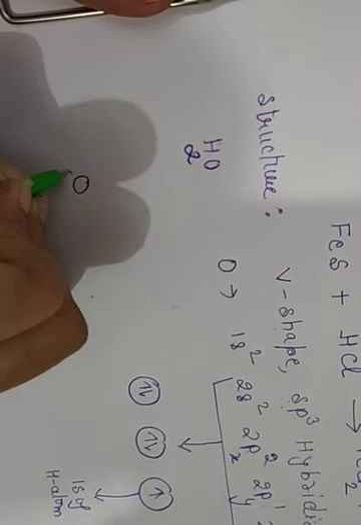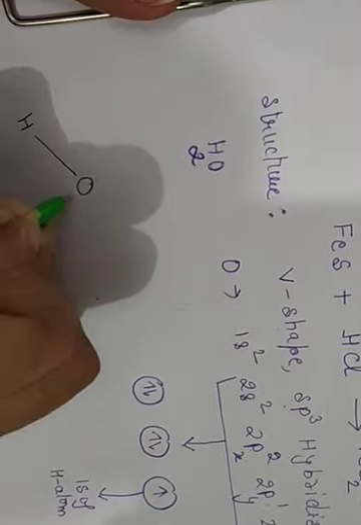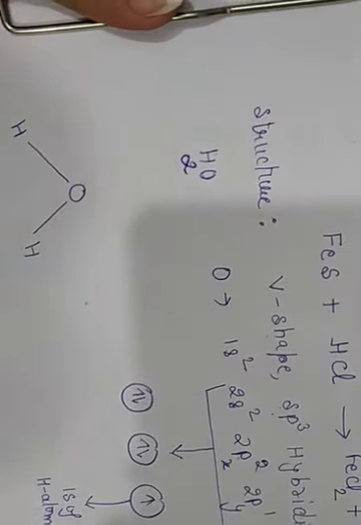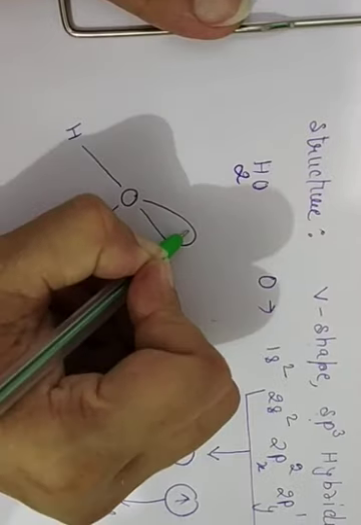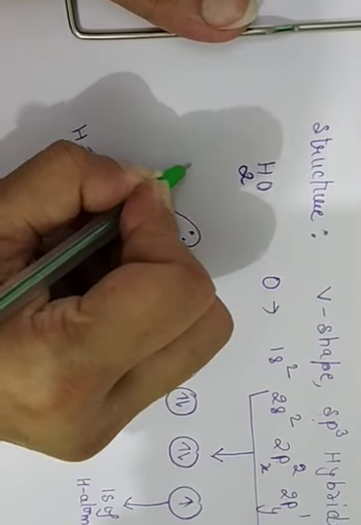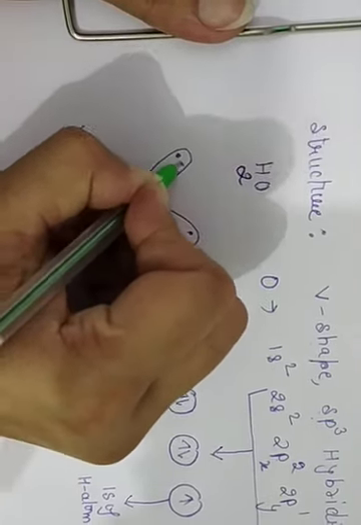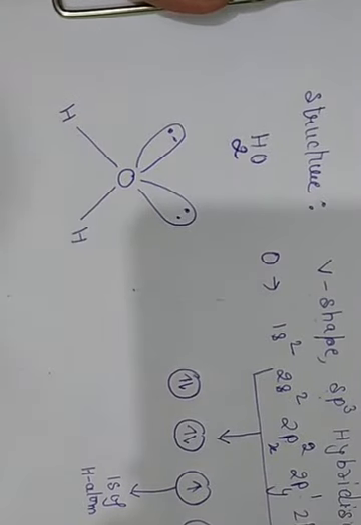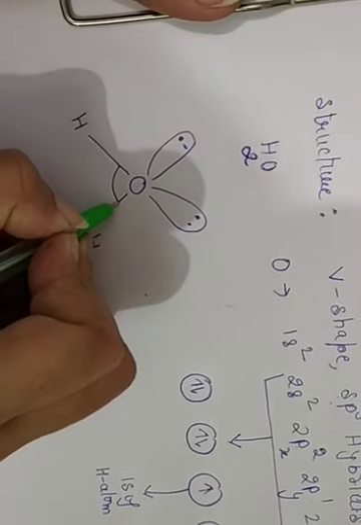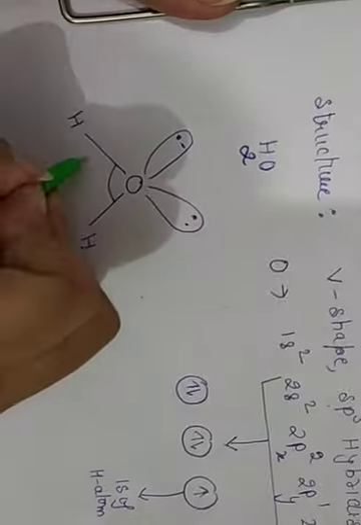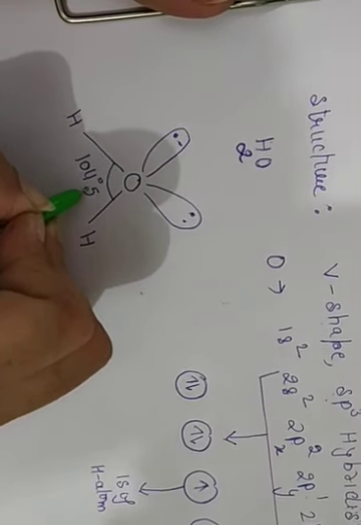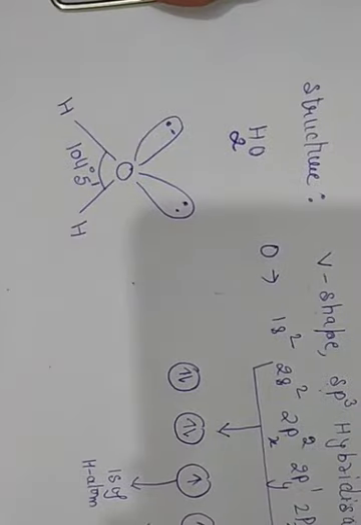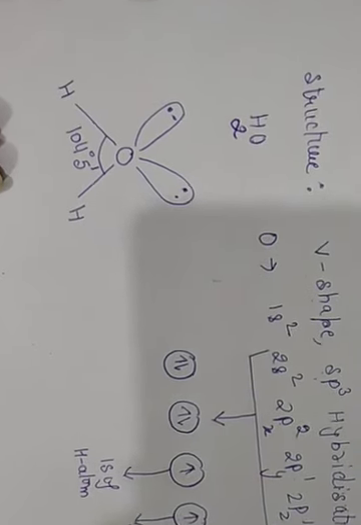This is oxygen that is bonded with 2 hydrogen and 2 lone pairs are present at oxygen. In case of water, this angle is 104 degree 5 minute, which is not tetrahedral angle.